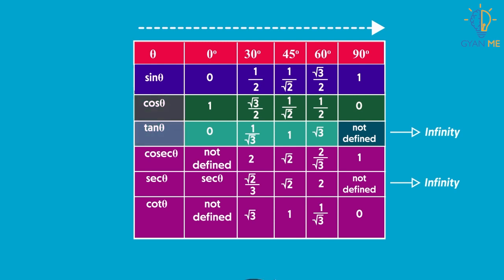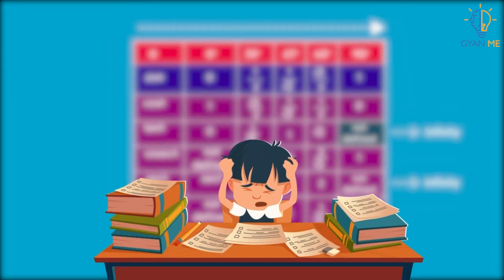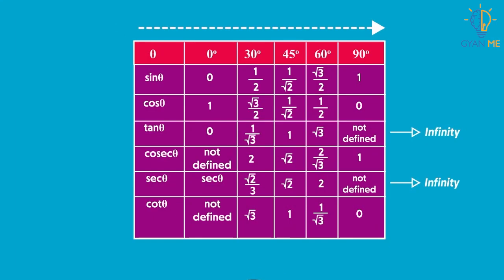Now you will ask me, do we need to remember this whole table? I would say yes. This table and these values are really important for solving all the problems in trigonometry. But don't worry, you actually need to remember only these three ratios.